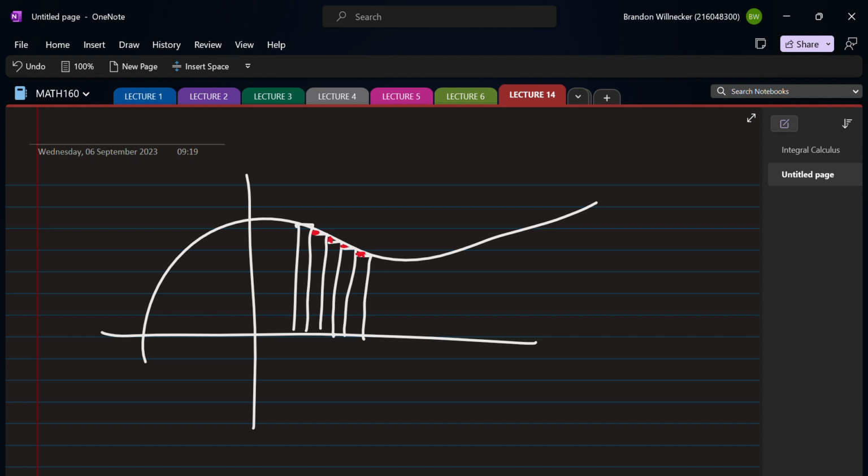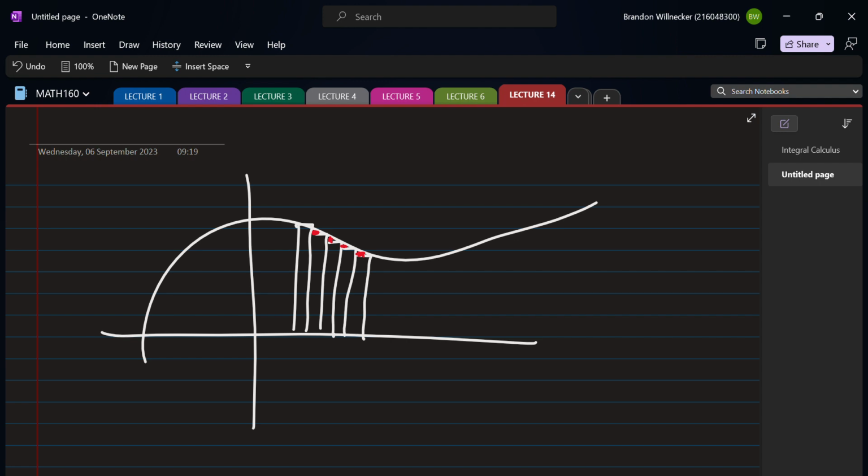The base of the rectangle will get smaller and smaller, and so the error gets smaller. In the limit, the error goes to 0, and we get the exact area underneath.